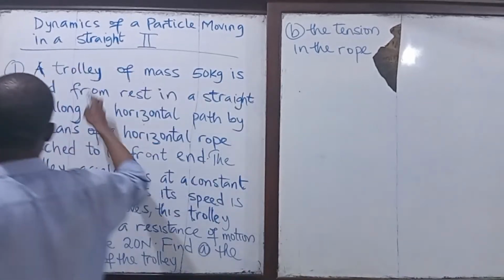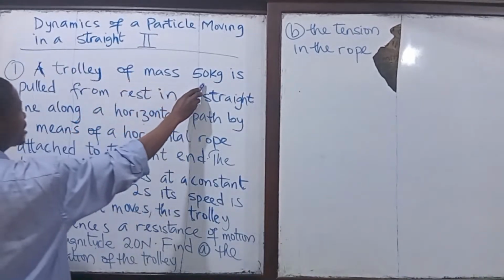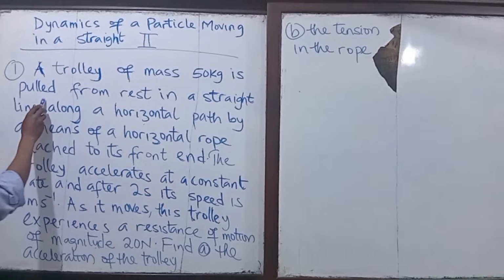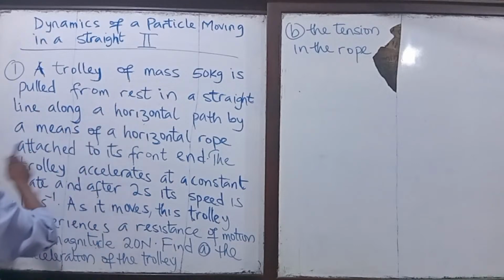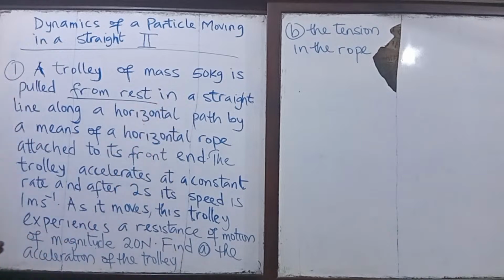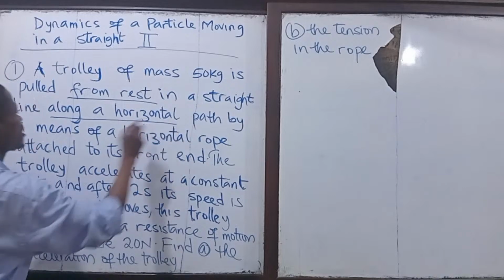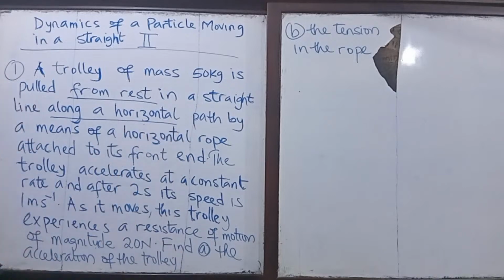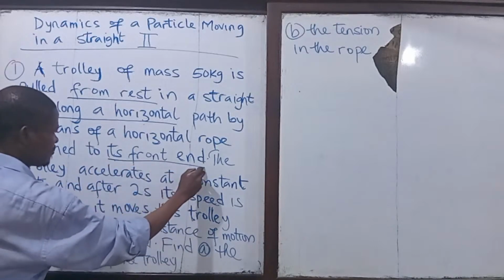Let's see the question we have here. A trolley of mass 50 kg is pulled from rest, underline these words, in a straight line along horizontal paths by means of a horizontal rope attached to its front end.